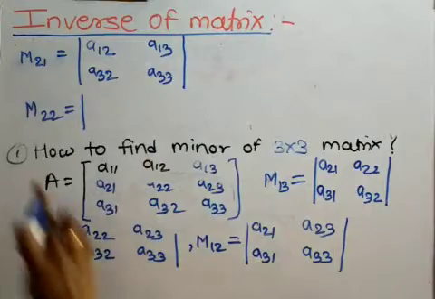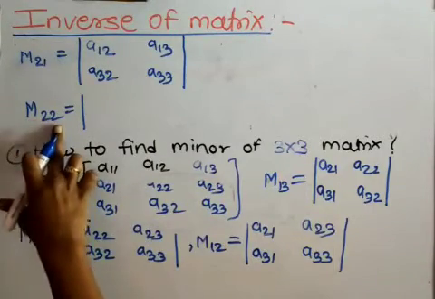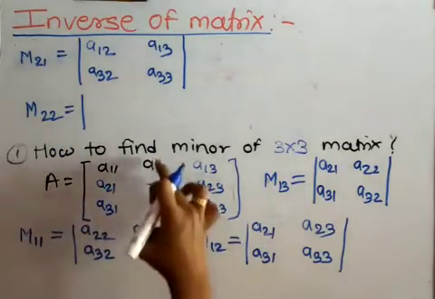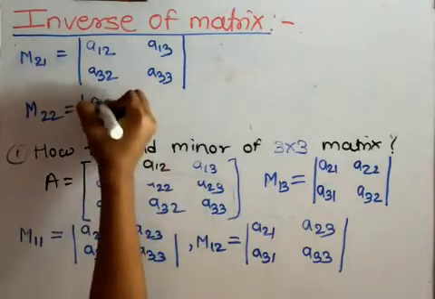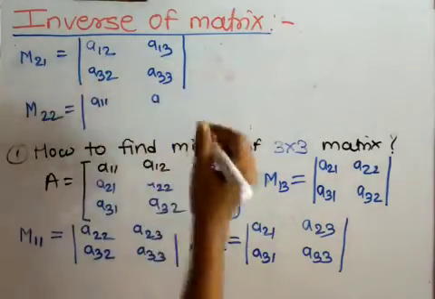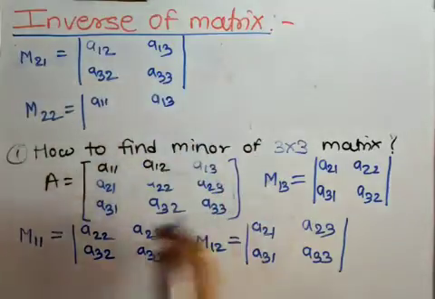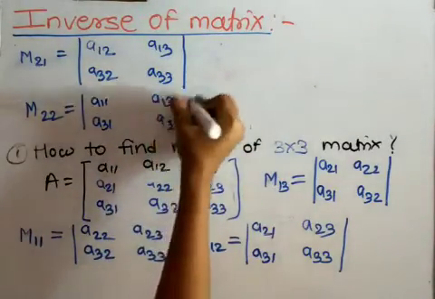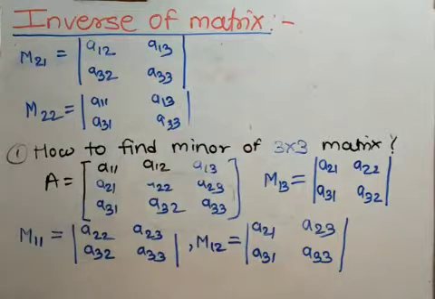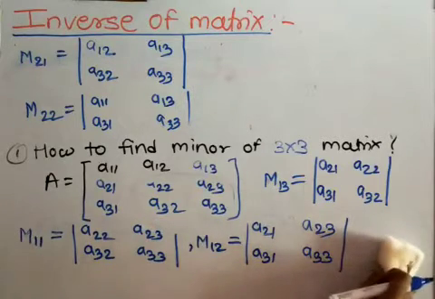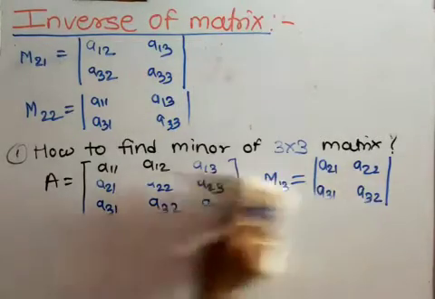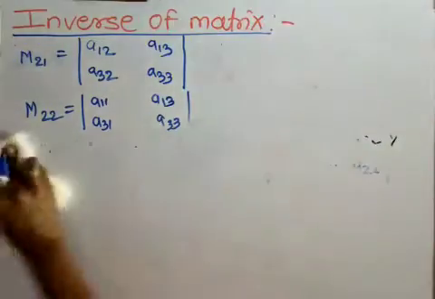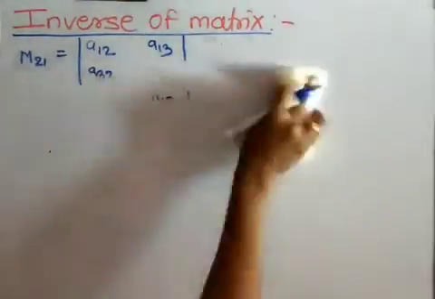For this, we neglect the second row and second column. So we get A11, A13, A31 and A33. Okay, and so on. We want to find each and every minor of each entry. Okay. Now the second part is we will see in an example how to find minors.